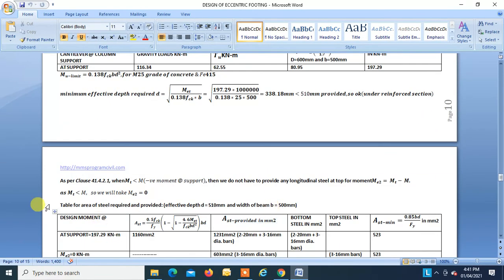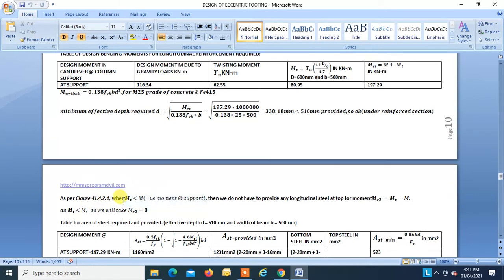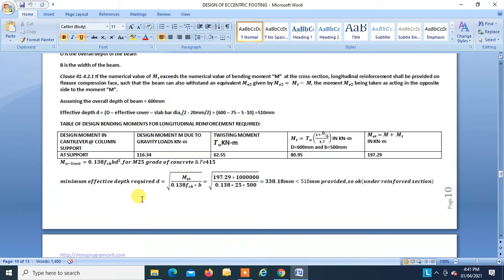Now as per clause 41.4.2.1, we just saw that if Mt is greater than M, then additional steel is needed. In our case Mt is 80.95, M is 116.34, so Mt is less than M. So Me2 will not come into the picture, because Me2 comes only when Mt is greater than M, right?